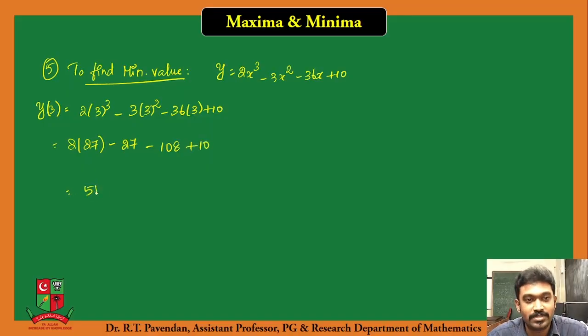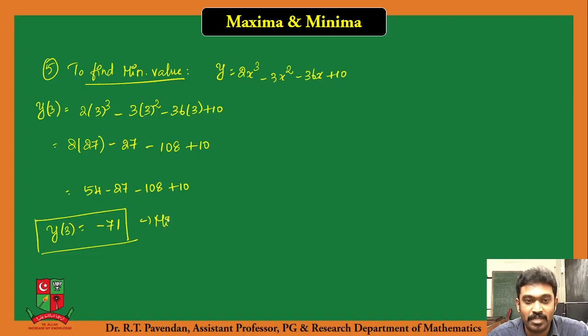So this value is 54 minus 27 minus 108 plus 10. So computing this, we get the value to be minus 71. So this value is your minimum value.